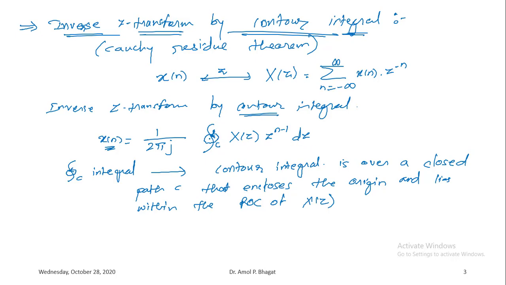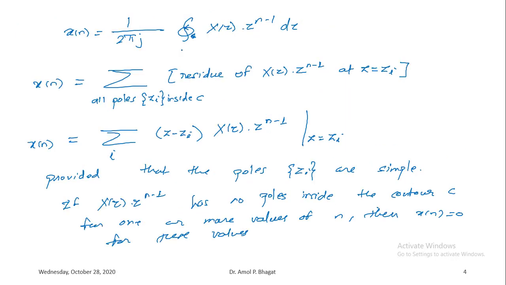This contour integral is over a closed path C that encloses the origin and lies within the ROC of x of z. For evaluation of this contour integral, we are using the Cauchy residue theorem.